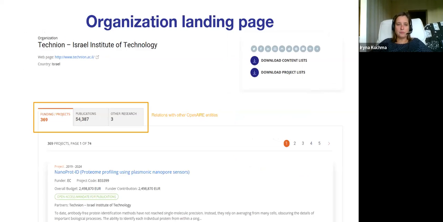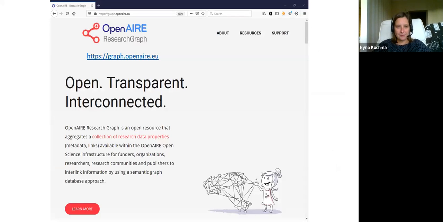So, for example, this university participates in so many funded projects, which resulted in over 50,000 publications and then some other research results. So we do this because we have this OpenAIRE research graph, which is a collection of information about publications, collection of metadata, links from publishers, repositories, research information systems, funders, organizations, research communities.